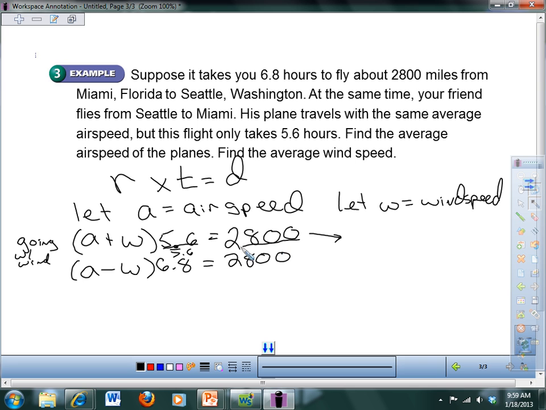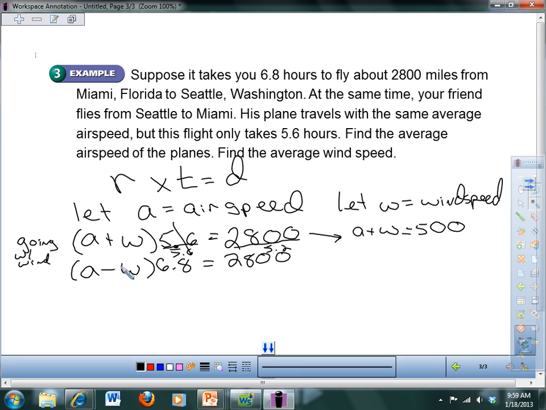When I do that, I get A plus W, because that'll make the 5.6 go away, equals 500. Wow, that's a nice even number. They try to make these problems so that they work out.